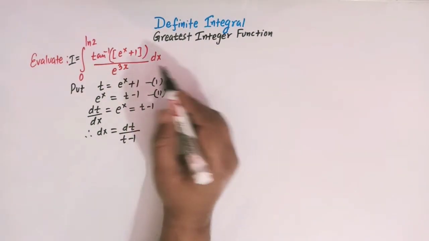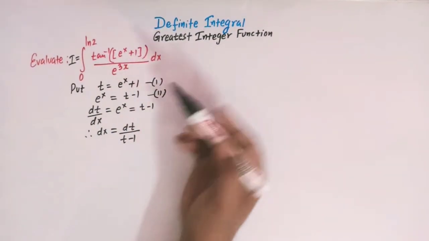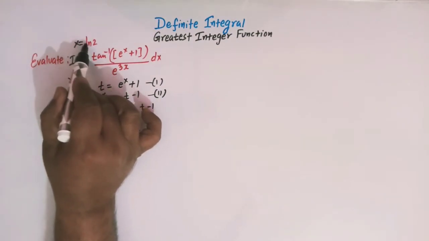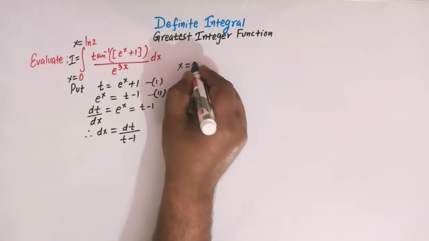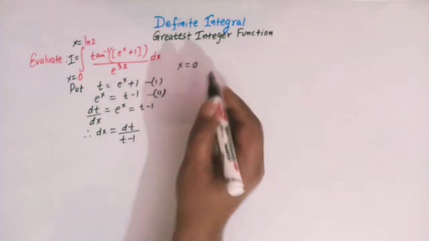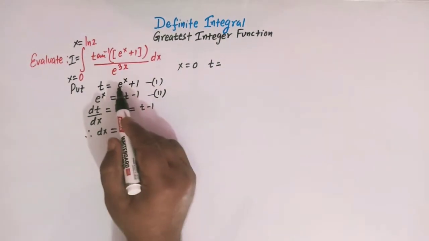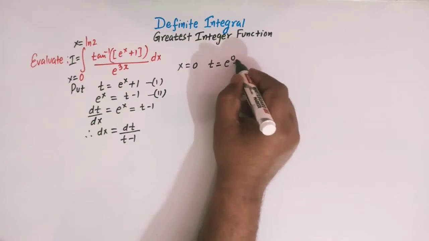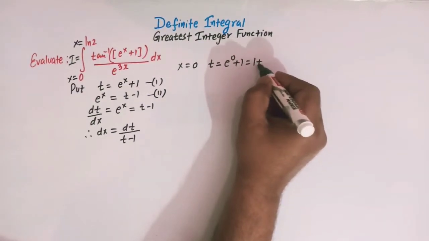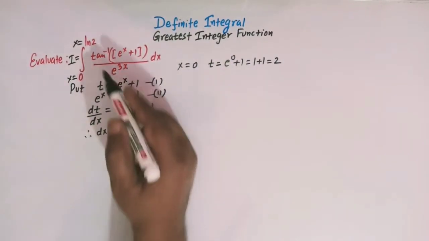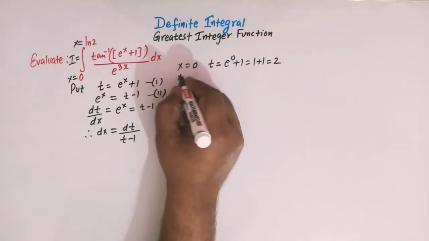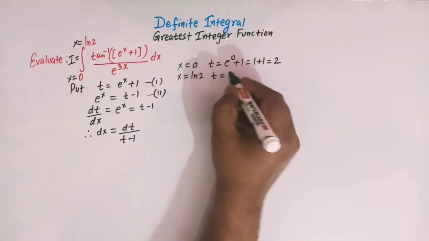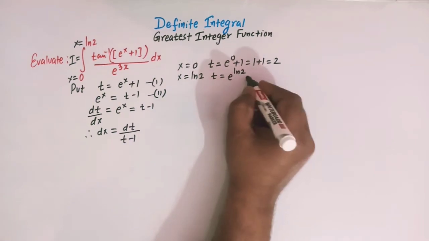Now let us change the limits accordingly. Here x varies from 0 to log of 2. When x is 0, the value of t can be calculated from equation 1: e raised to 0 plus 1. E raised to 0 is 1, so we have 1 plus 1, that is 2. And when x is log of 2, t is equal to e raised to log of 2 plus 1.